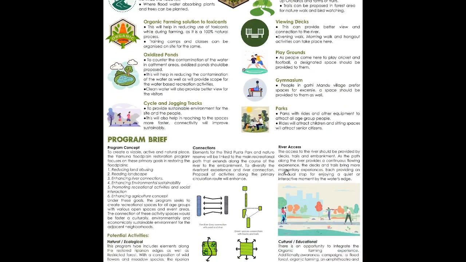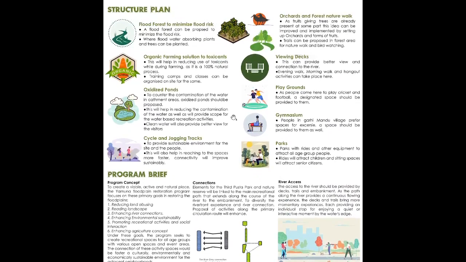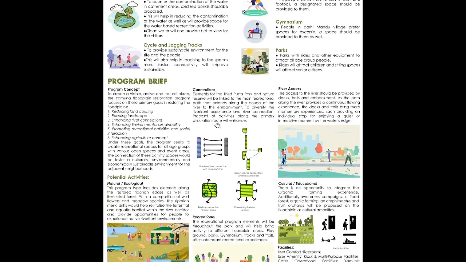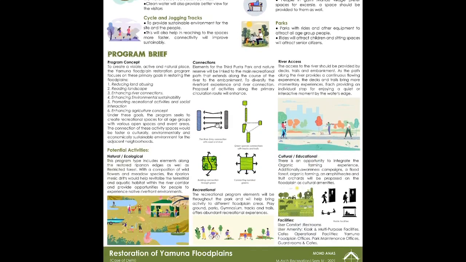And then coming on to the research plan, these are the activities which have been structured in the plan that are mentioned here. And if we come to the program brief, I have explained the things which have been included in the proposal, that is, potential activities for the ecology. Potential activities to develop a design can be natural and ecological, which will help in ecological restoration. Then connections can be built between these spaces as well.